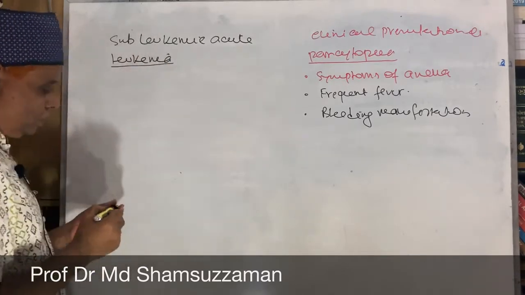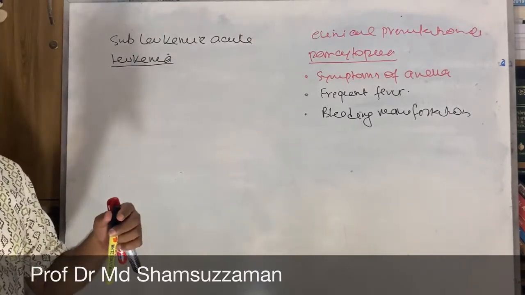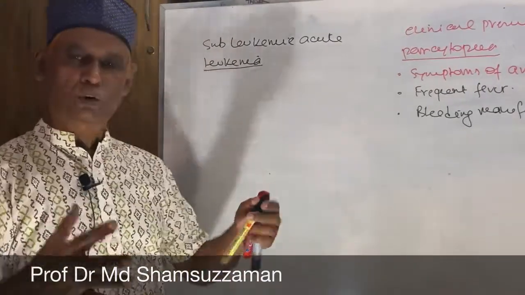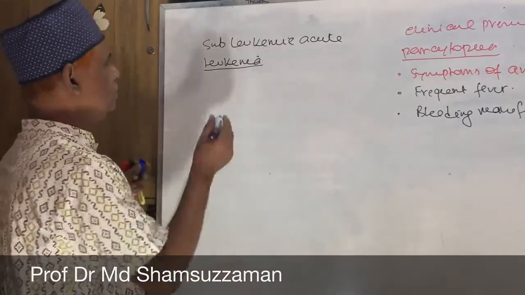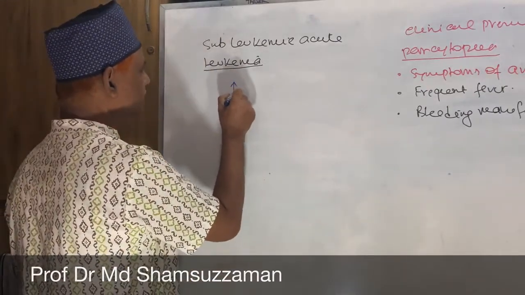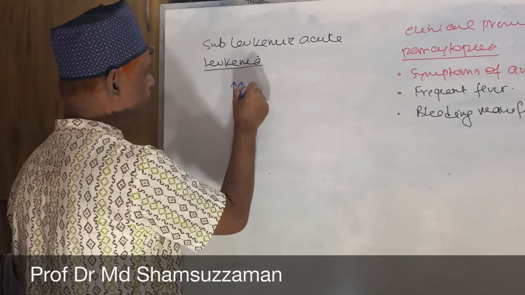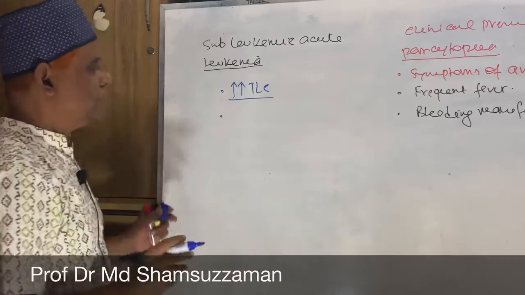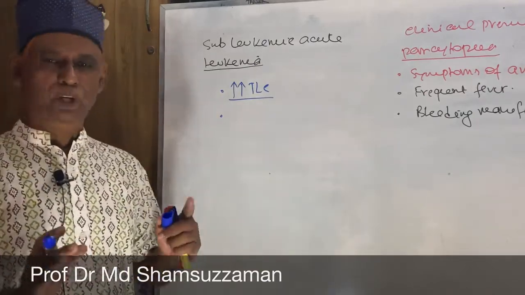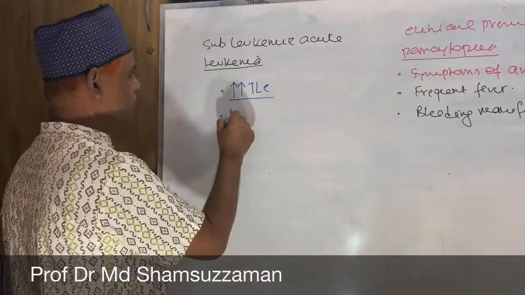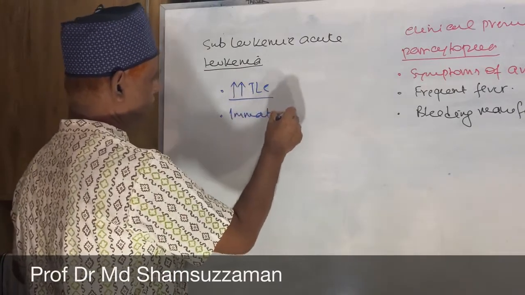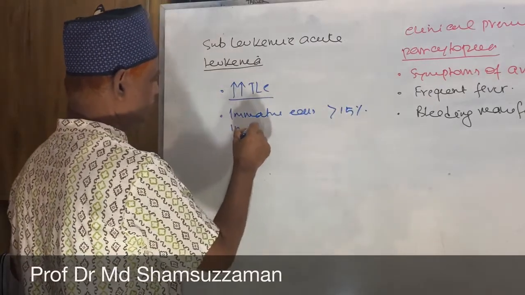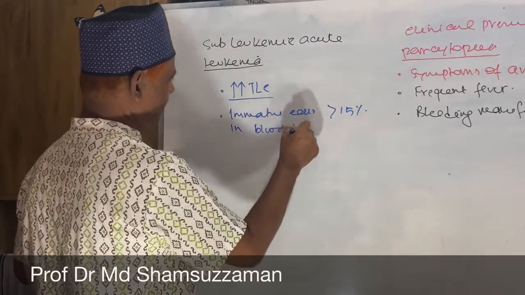Dear audience, we know leukemia is the neoplastic proliferation of hemopoietic stem cell, and usually in all leukemia there is leukocytosis, TLC is increased, and there is atypical or immature cell in peripheral blood, immature cells more than 15% in blood and in bone marrow.